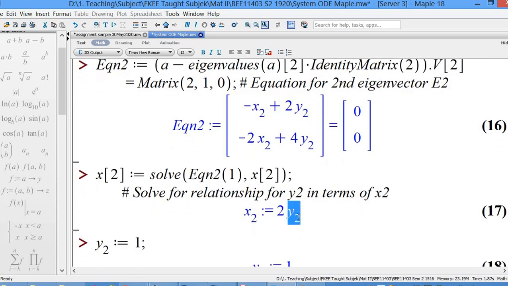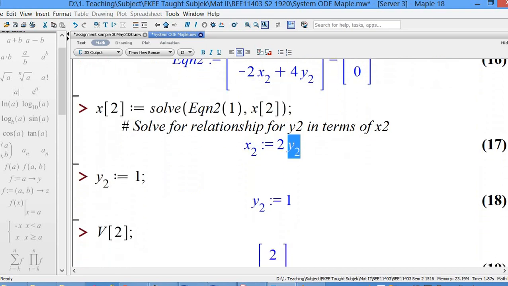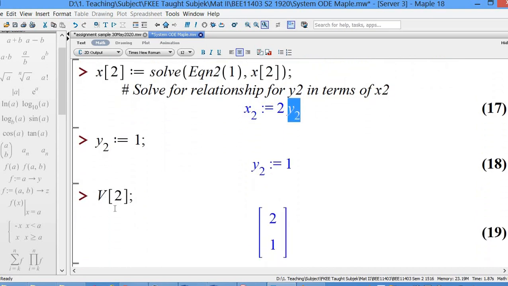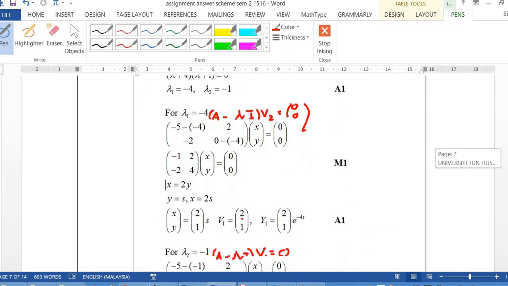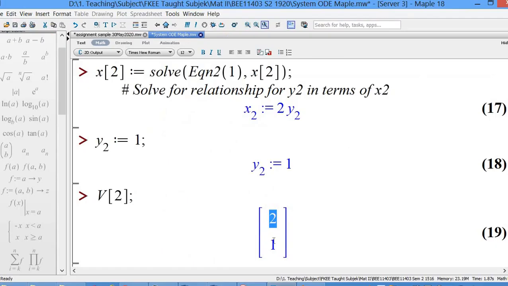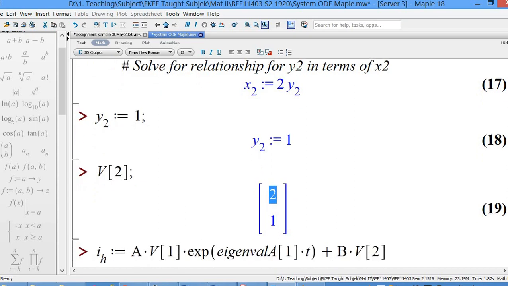Then we let y2 equal to 1. For the second eigenvector, y2 is 1, hence x2 is 2. So 2, 1 here. We have already obtained the eigenvalues and corresponding eigenvectors V1 and V2.